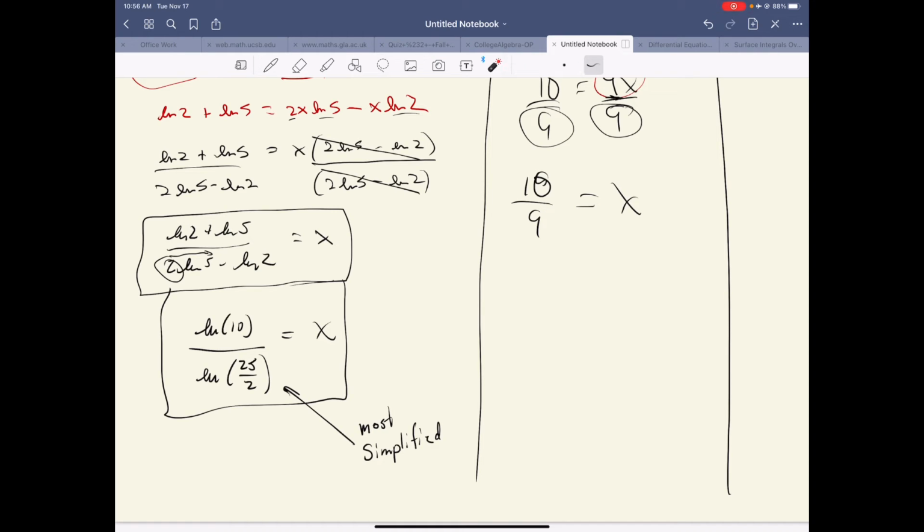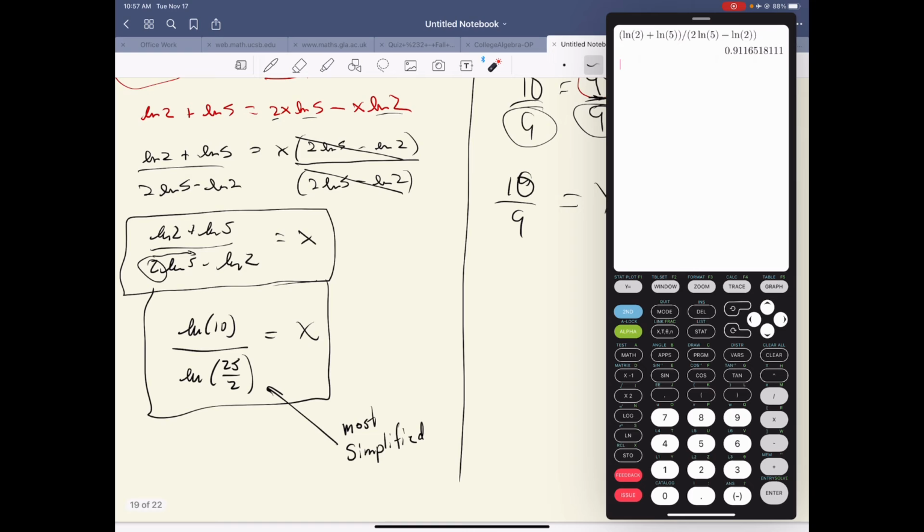Notice that we do have division of logs, but that's not subtraction. It has to be log of, and division has to be inside. I never said anything about log base b of m over log base c of n. That's not anything at all. And so, if I still have that up there, if I said ln 10 divided by ln 25 halves, notice it's exactly the same number there.